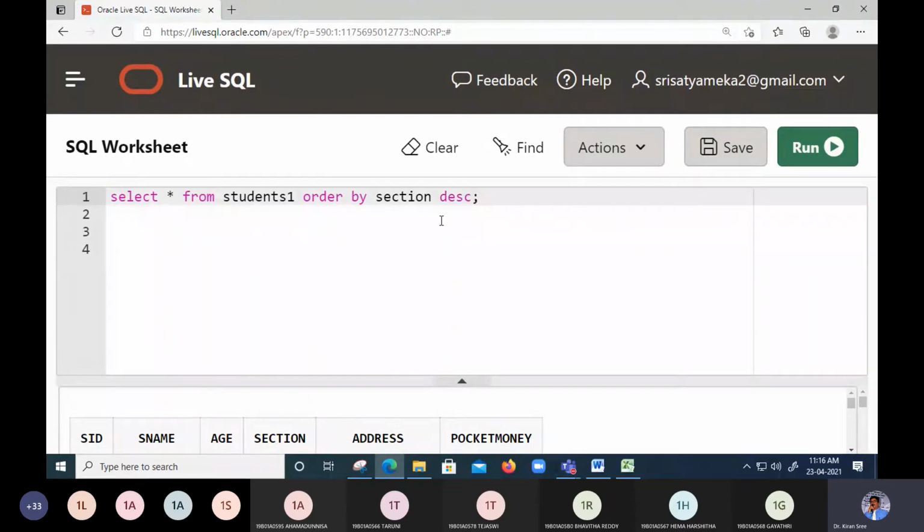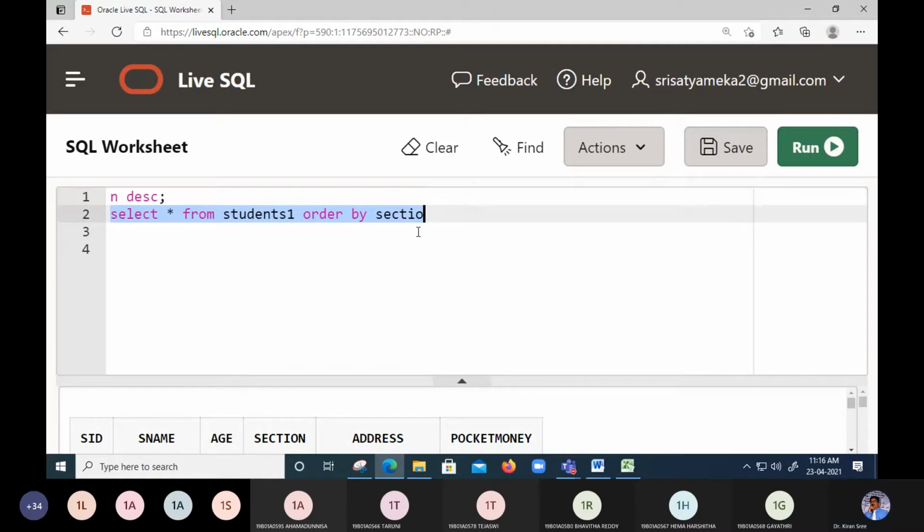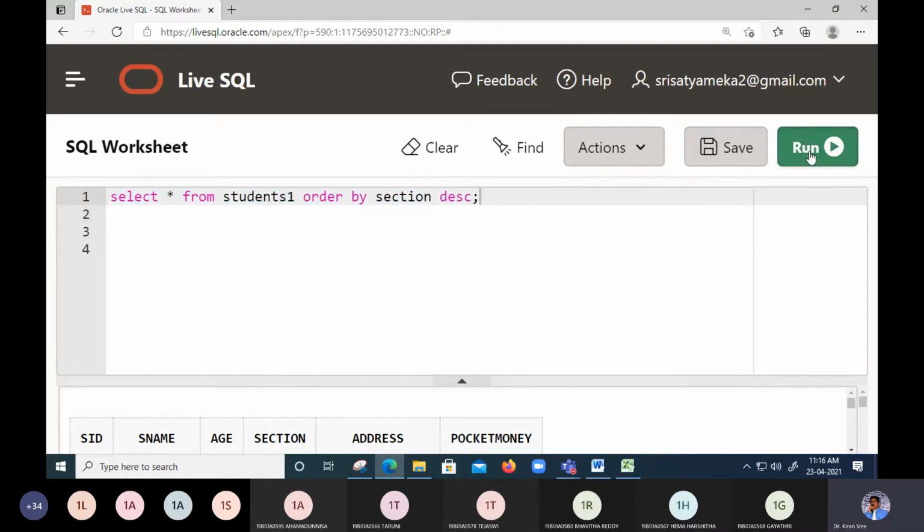Only one change to the previous command. What was the change? I am going to mention one more reserved word, that reserved word is DESC. So execute this.